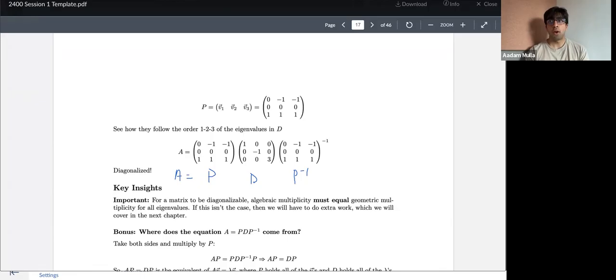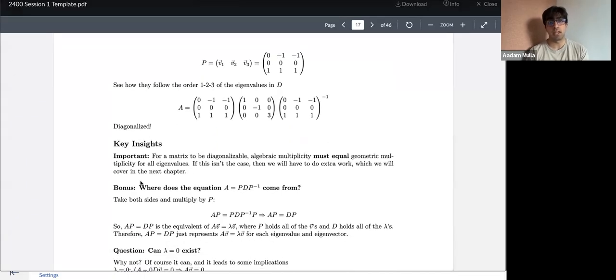Okay. For a matrix to be diagonalizable, the algebraic multiplicity and geometric multiplicity must be equal for all the eigenvalues. So if you think about our example before, for lambda equals 1, algebraic multiplicity was 1, geometric multiplicity was 1. Good.